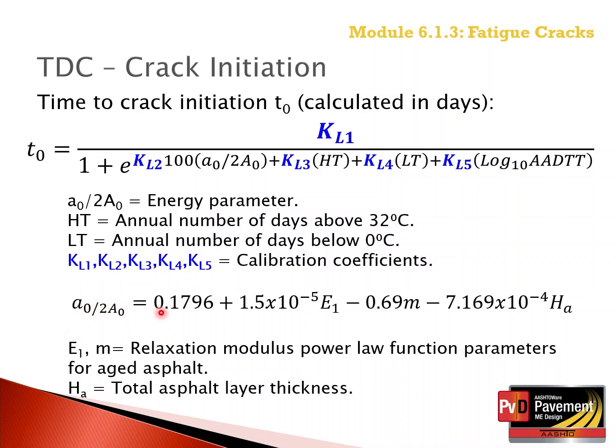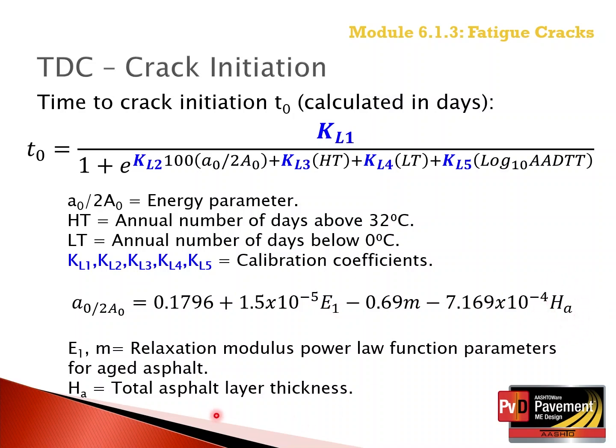The energy parameter is also shown on the slide and is a function of the relaxation power law function parameters for aged asphalt. E1 is simply a modulus term of the asphalt, and M2 comes from the relaxation modulus power law function. Both of the terms are mixture dependent upon the wearing surface of the test section.